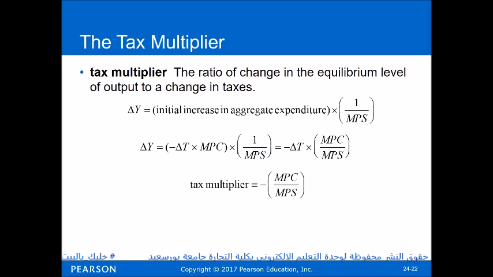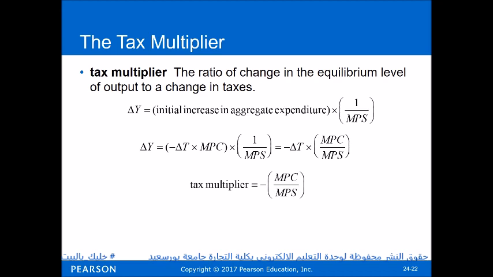So, for example, using this equation, we can find the change in Y when the change in G is 50. So we'll multiply 50 by 1 divided by the value of MPS, which is 0.25 in the previous example.